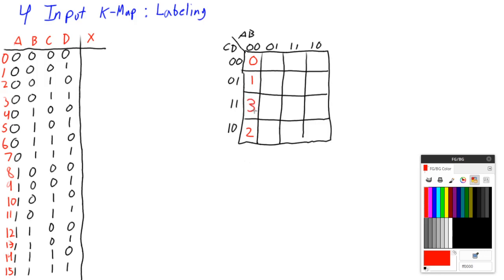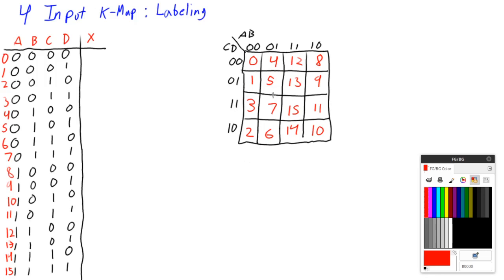But it turns out that this is 3, 4, 5, 6, 7, and then once again, because of how we label things, it's going to bounce over to here, and we're going to have 8, 9, 10, 11, 12, 13, 14, and 15. So that's what rows in our truth table correspond to which cells in the K-map.